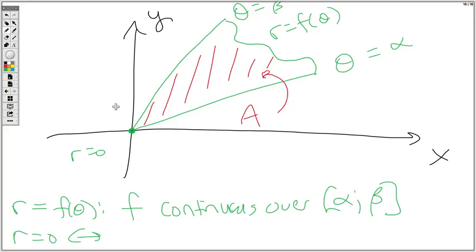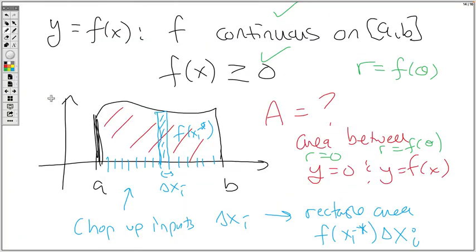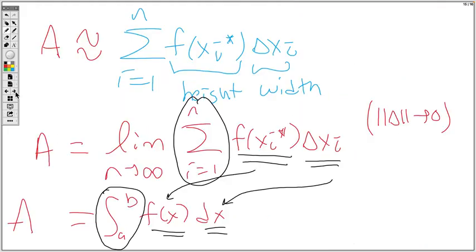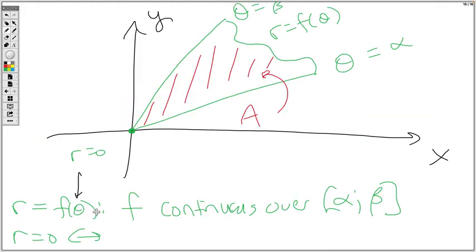So how do we handle this? The same way we handle this. We're going to chop up the inputs. You follow? But the inputs here aren't x's. The inputs are what? Thetas. So we're going to chop up thetas. Have our little delta theta i. Now what's that look like geometrically? If you're chopping up thetas, thetas rotate counterclockwise, you follow?